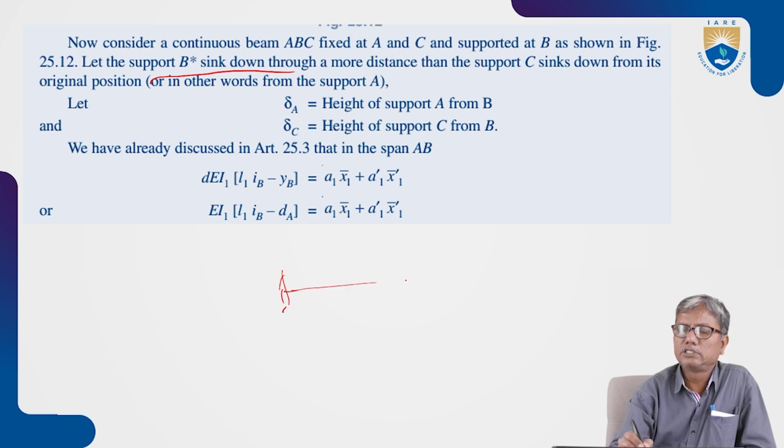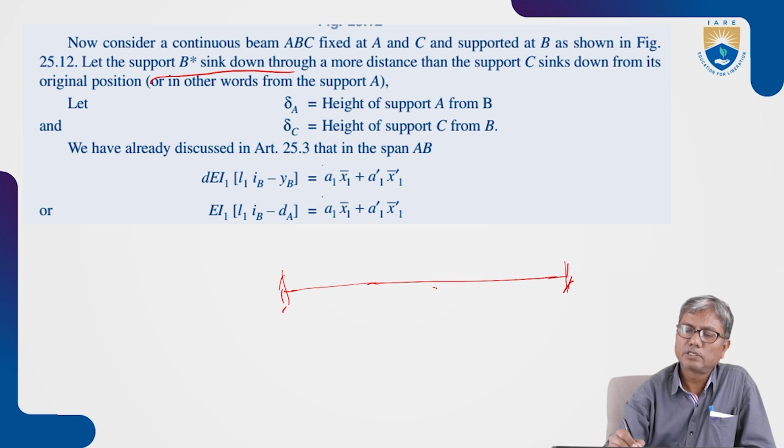So here the initial position is ABC, and B sinks down. A also may sink down by some amount.